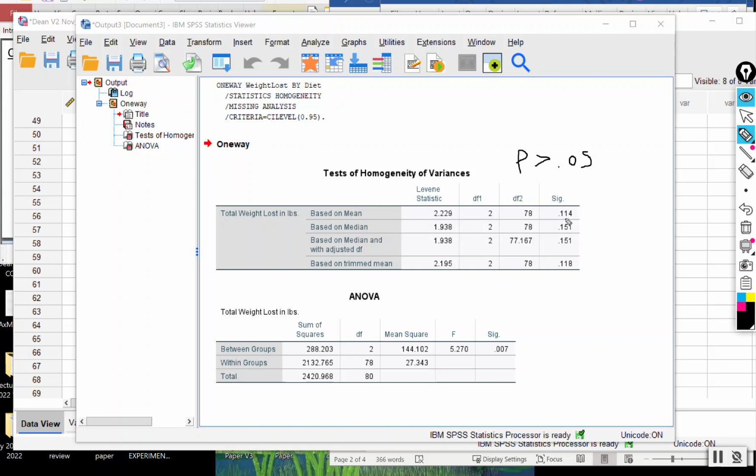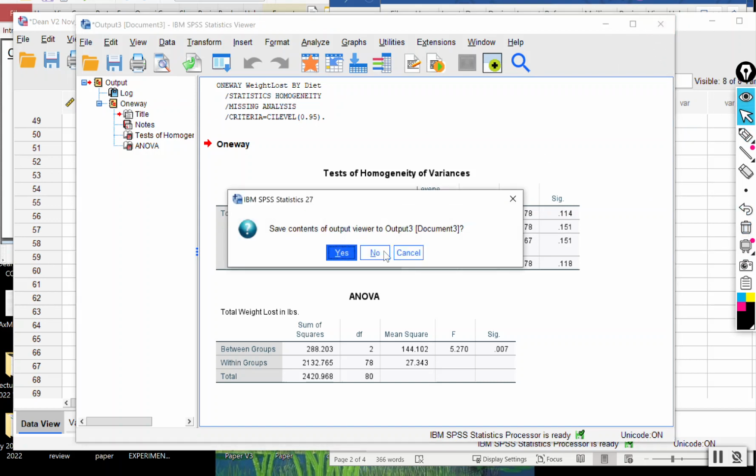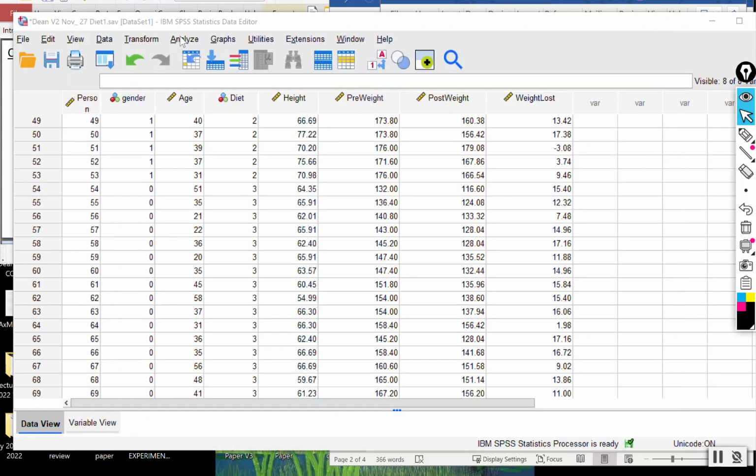What we have here are values greater than 0.05. We would look at this based on the mean, I believe. That's our Levene's test, which is homogeneity of variance. That was the third assumption we saw, so that has been met. Let's move on to the next assumption.